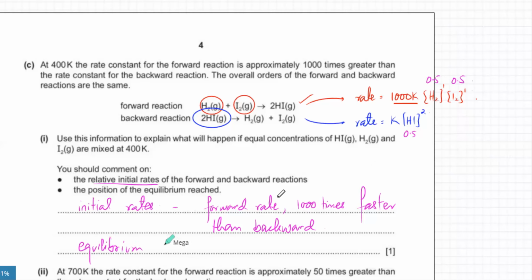Equilibrium favors the forward reaction and shifts to the right. So you comment on that. And it's just a 1 mark question. So why did we bother so much? It shifts to the right. That's it. That would probably be it.